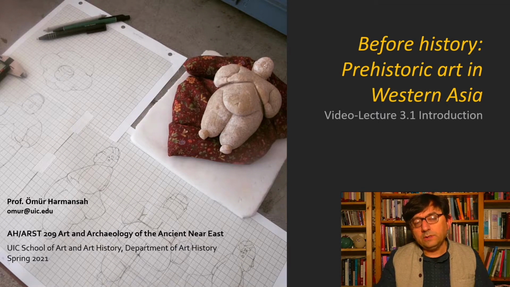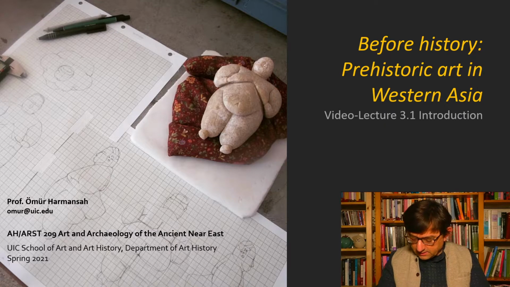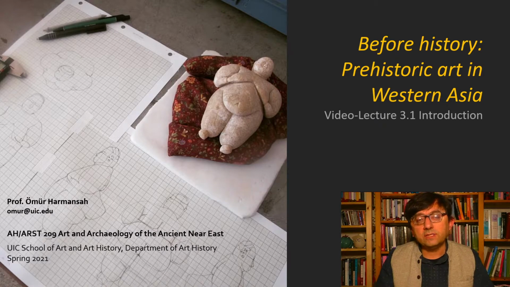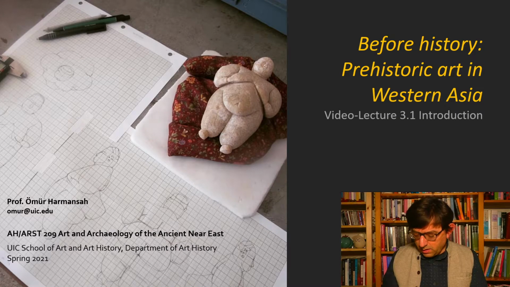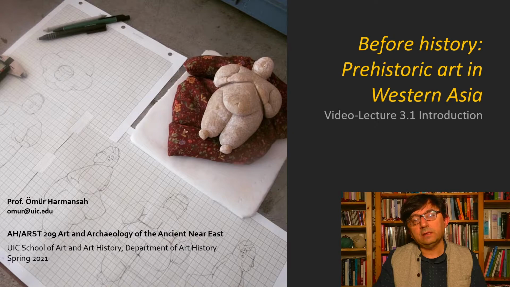So we're going to really start with the earliest processes of the transition from the Paleolithic or the Upper Paleolithic, the kind of glacial period hunter-gatherer lifestyles, to the lifestyles of the Neolithic settled communities, the agriculturalists.